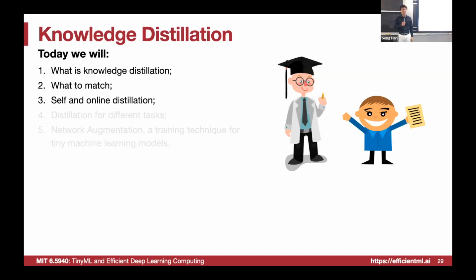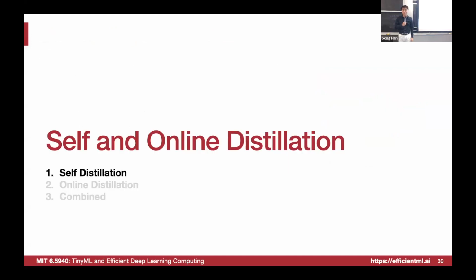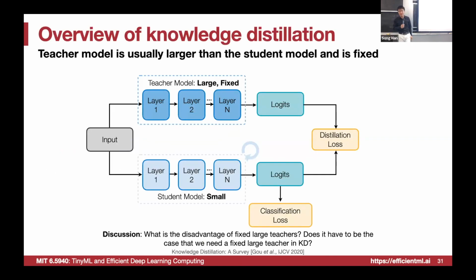Can we get rid of that overhead and just train one model, where you cannot distinguish which is teacher and which is student, and do self and online distillation? So we'll talk about self-distillation without a teacher, where you are both a teacher and a student, you just teach yourself, online distillation, and also combining them together. Let's see how that works.